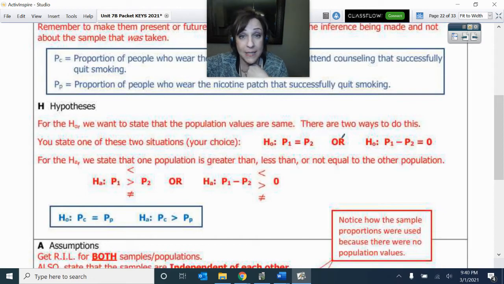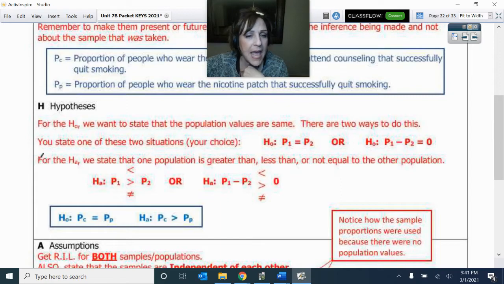Sometimes you may see it this way, and you need to be aware of it, but you can choose which one you like to use. I personally like to choose this one where I'm setting them equal. But keep in mind, if they are equal, then there is a zero difference between them. So some people will define a direction of subtraction and say that's a zero difference.